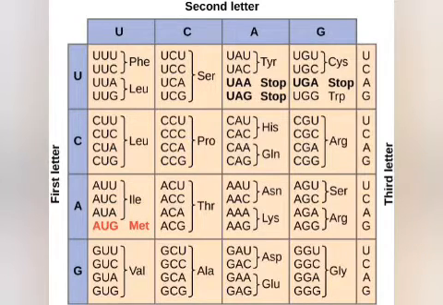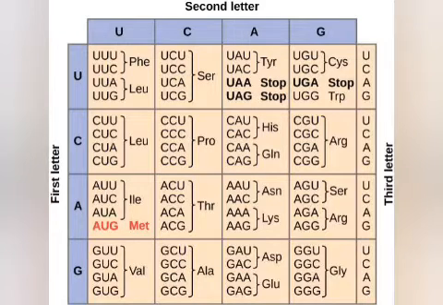It is evident that several of the triplets have the same letters but in different sequence, and these code for different amino acids. So the genetic code is a 3-letter code, and that's why it is known as triplet in nature.